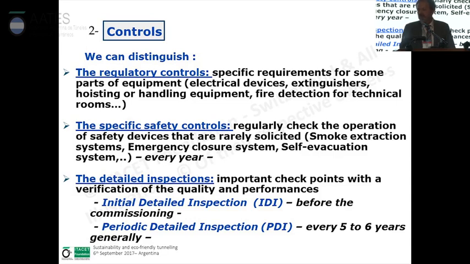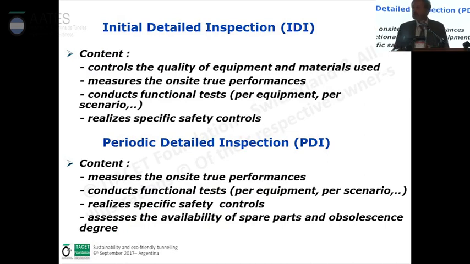Generally, every 5 or 6 years, according to the national regulation, you have to check the quality of your equipment, you have to use it, you have to see if you have the spare parts. Everything has to be checked.